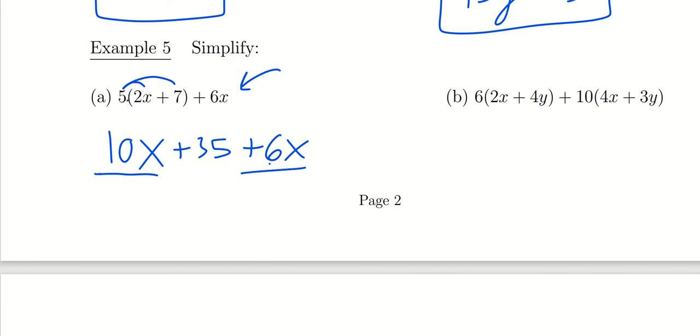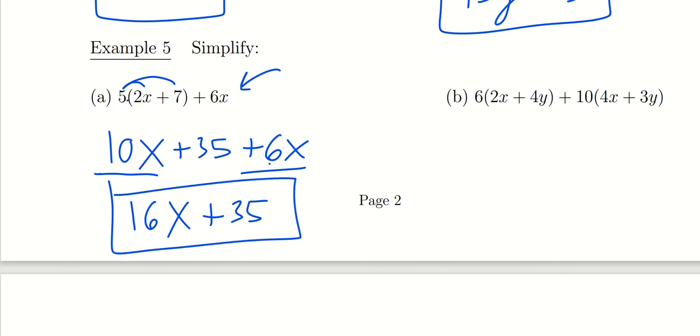So we can combine those. 10x plus 6x would give us 16x plus 35. And now there's nothing more we can do. We're left with 2 terms, and they're not like terms, so we can't do anything more to simplify this.